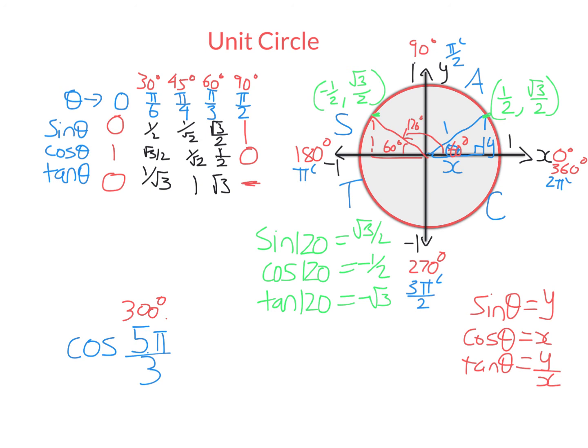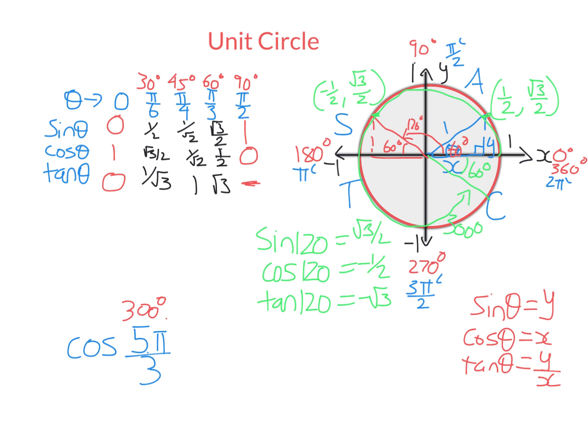Well, what we need to do is find the equivalent ratio in the first quadrant. So it is 360 all the way around here. So the acute angle would be 60. So why is that? If I start at the positive x-axis, go anti-clockwise all the way to 300 degrees, what we have left is 60 degrees because 360 is a full circle.